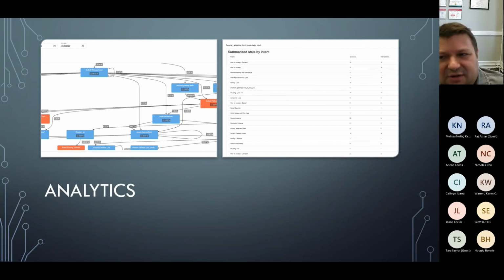This is another couple ways that it shows summaries of what intents were identified, what issues the bot talked to people about.